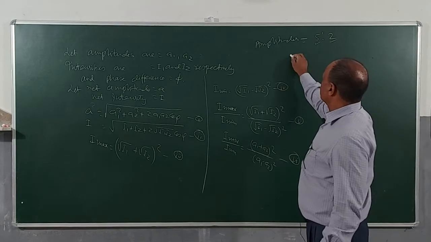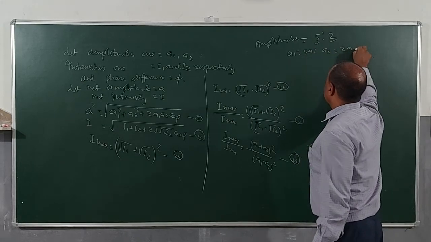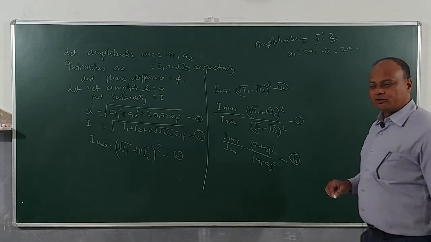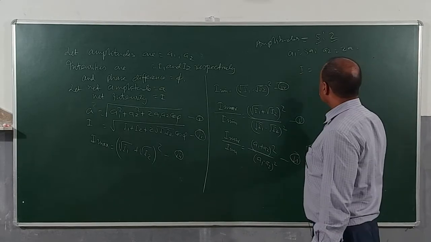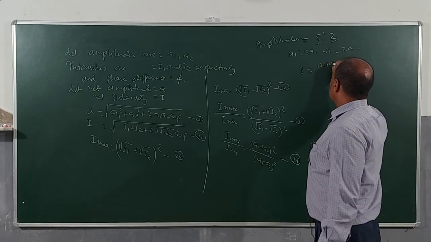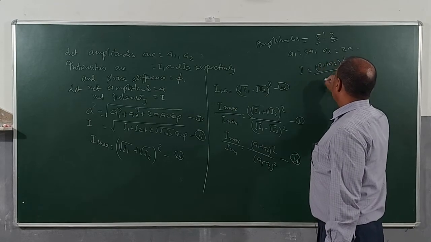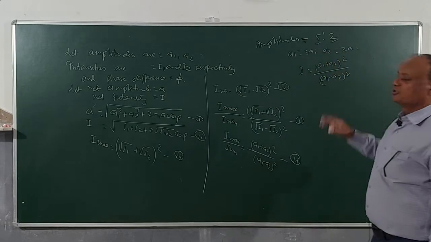Then very easily you will take A1 is equal to 5A and A2 is equal to 2A, and then recall the formula: I max upon I min is A1 plus A2 whole square divided by A1 minus A2 whole square, and then insert these values.